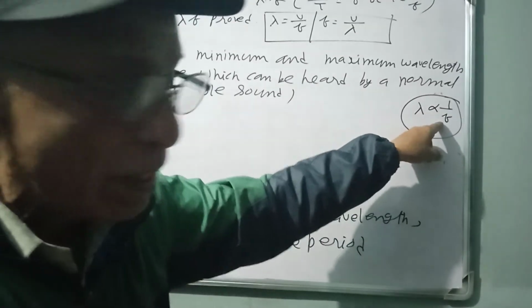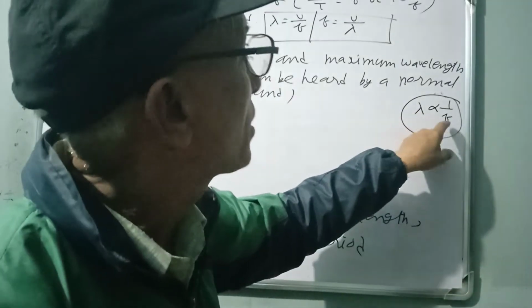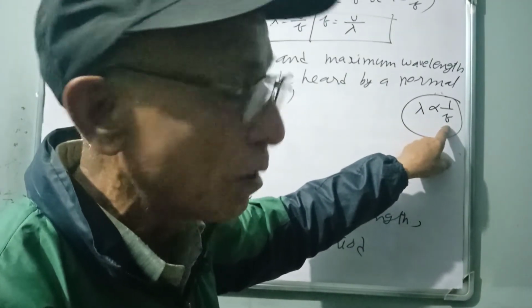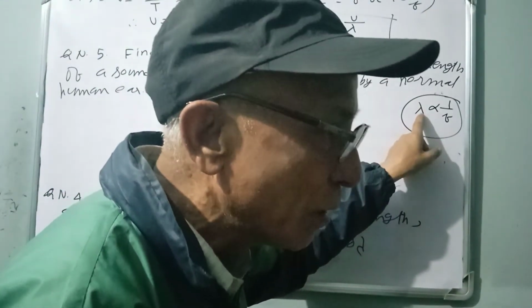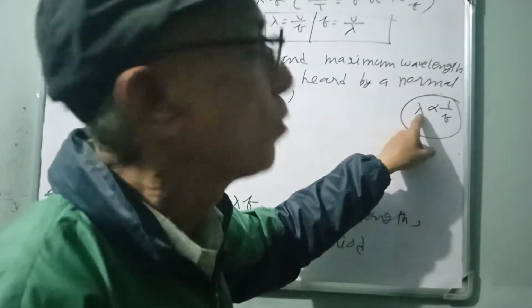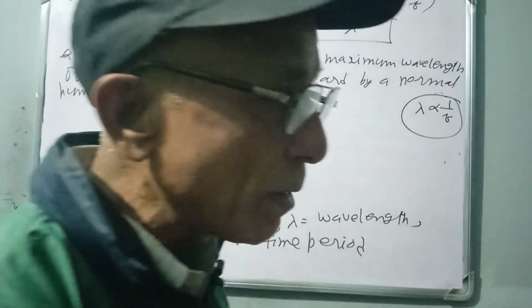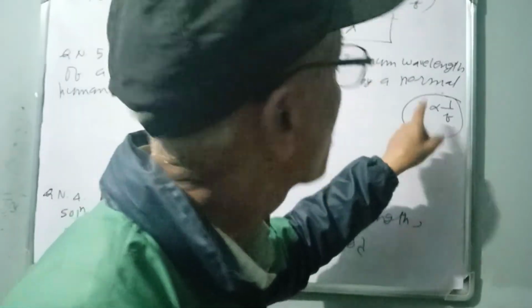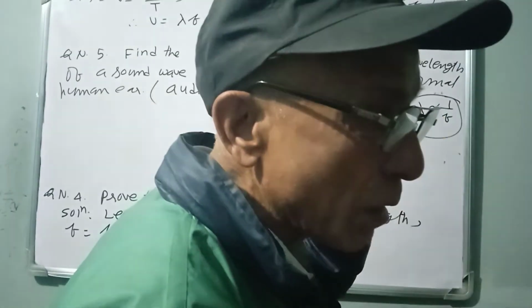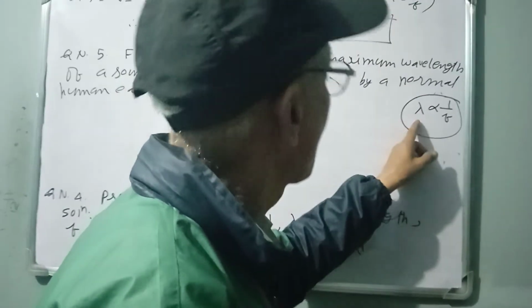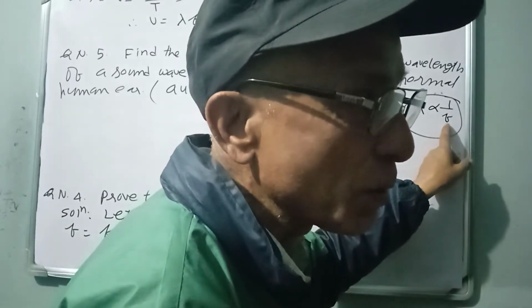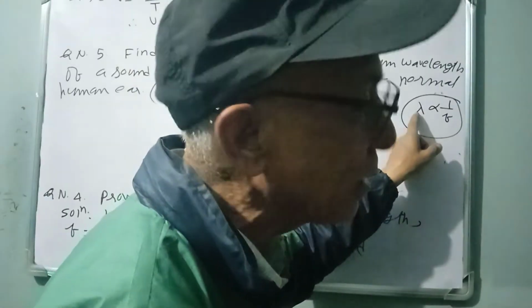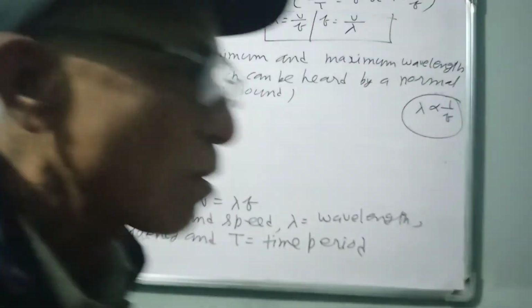For wavelength we say long and short, long, short and medium. For frequency we say high frequency, low frequency.